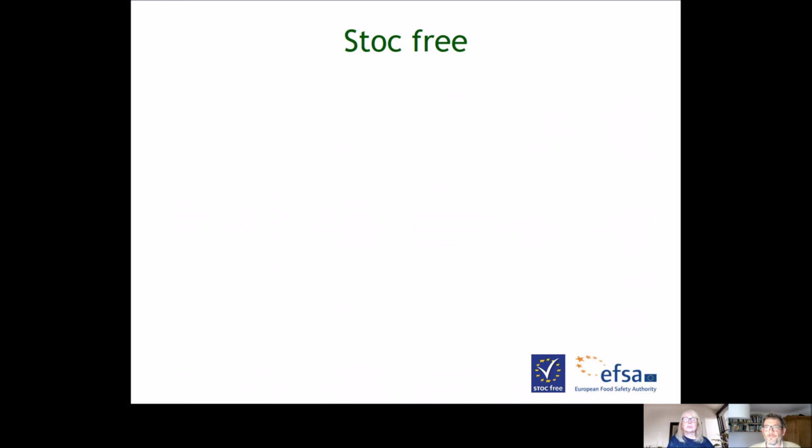So coming to Stock-free, why is Bayesian so important for the Stock-free project? Well, the Stock-free project aims to get a good estimate of the probability that a herd is free of disease. And our primary example disease for this purpose, for the first stage in this project, is BVD.